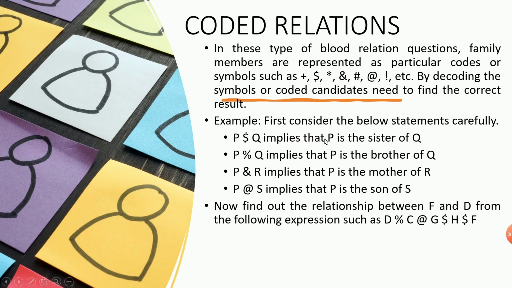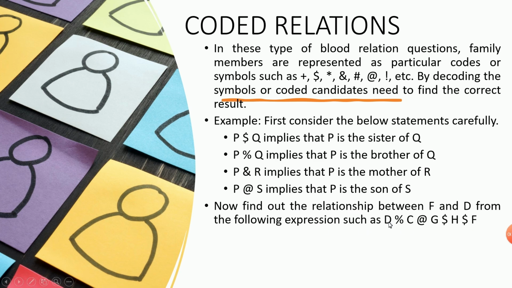So $Q means P is the sister of Q. P percentage Q means P is the brother of Q. P ampersand R means P is the mother of R. P at S means P is the son of S. Now find out the relationship between F and D from the following expression.